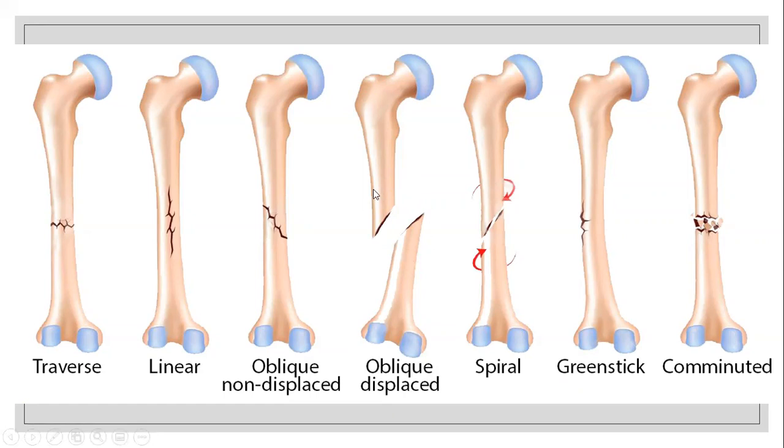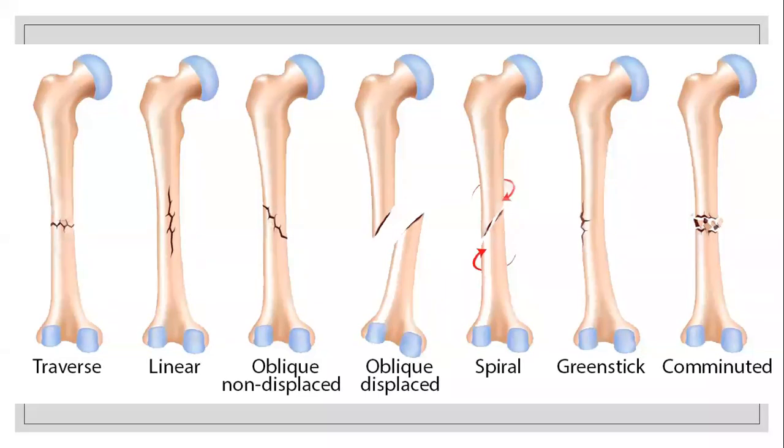This is oblique and displaced, so called an oblique displaced fracture. This is an example of a spiral fracture, and this is the greenstick fracture. And here, the bone is broken into different pieces. We call it a comminuted fracture or compound fracture.